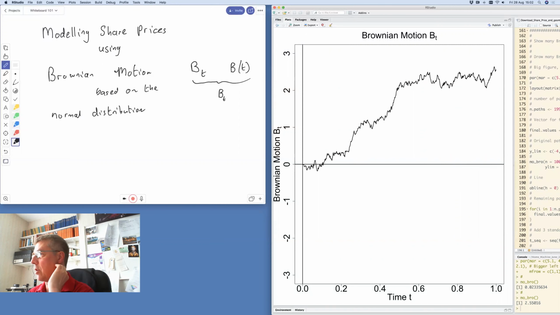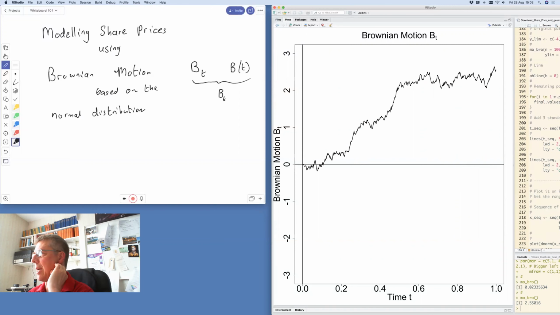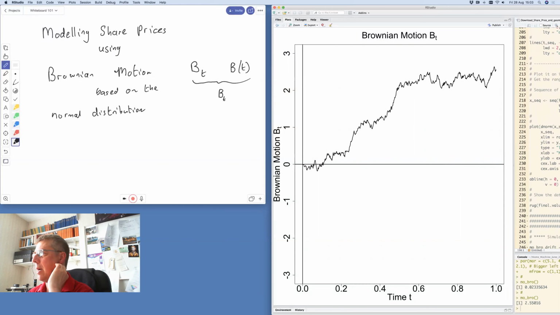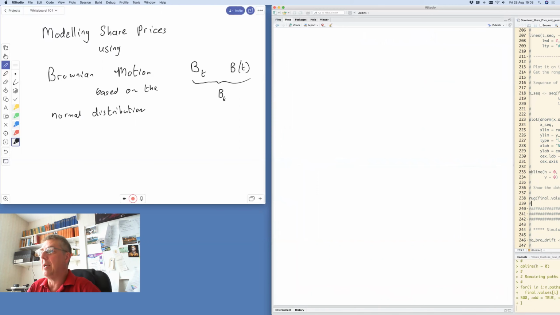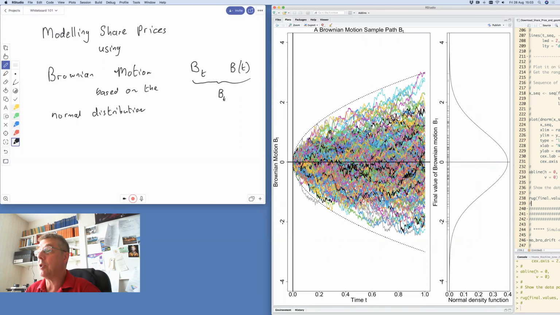And I could go on and do that, and I could show a large number of these paths. And indeed, if my code performs, I will show in this plot here 200 Brownian motion sample paths. So let's just concentrate on the picture on the left.